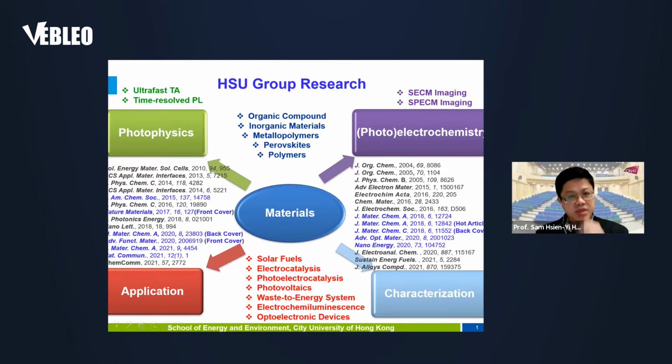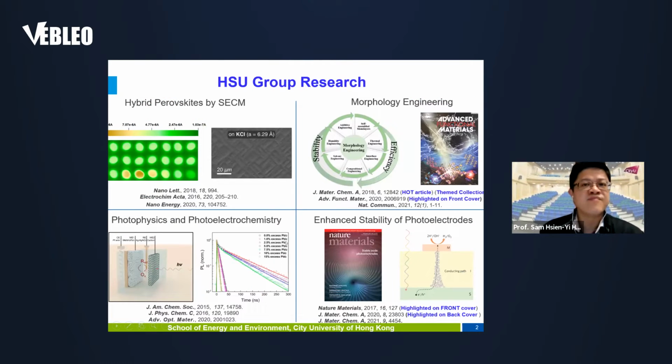And some of the materials we design show efficient charge recombination, which means those kinds of materials are beneficial for light emitting devices. In my research work, I focus on electrochemiluminescent devices, and I will introduce those later.